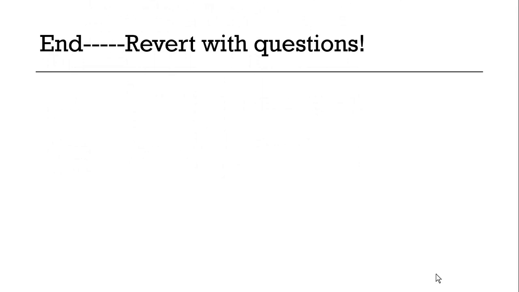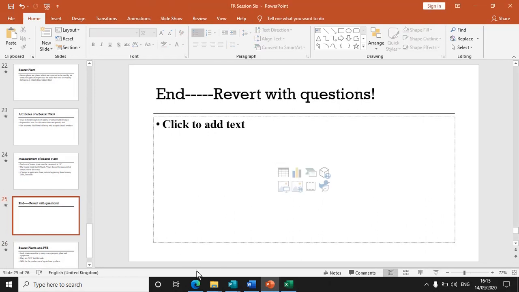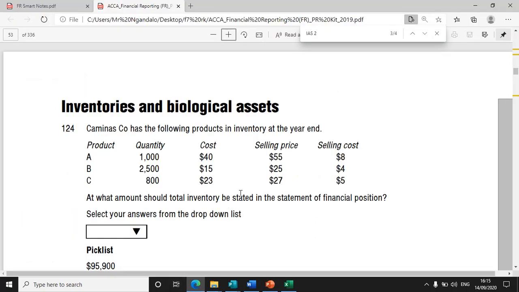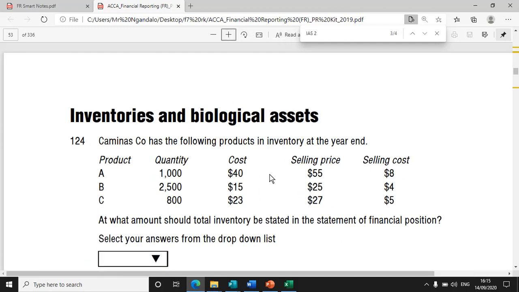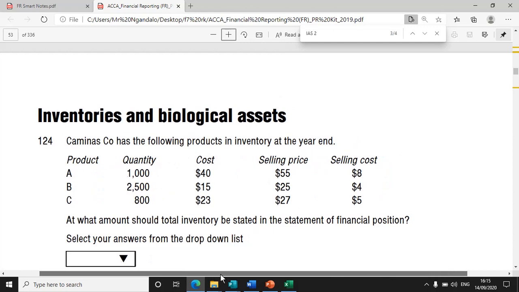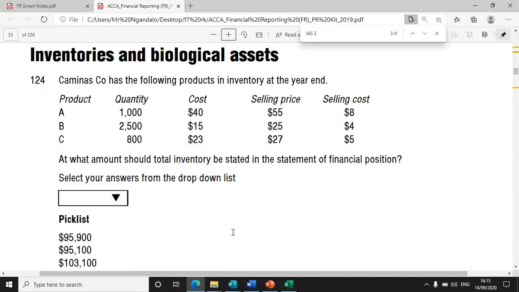But let us go to the questions and see if we can make sense out of what we have. So I've got inventory and biological assets there. And I think these two standards, they speak to each other in terms of similarity. We have got question 124. C company has the following products in inventory at the end.